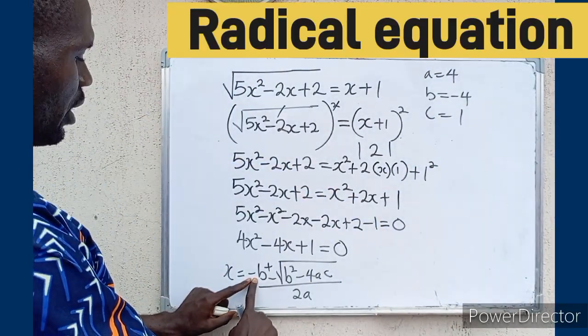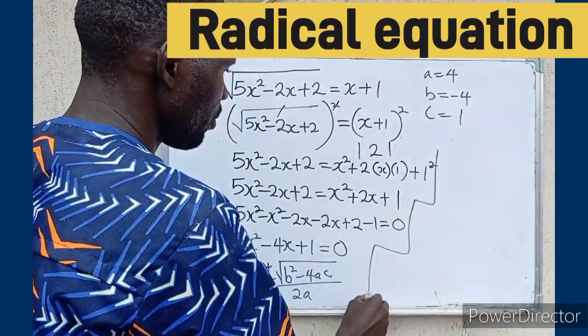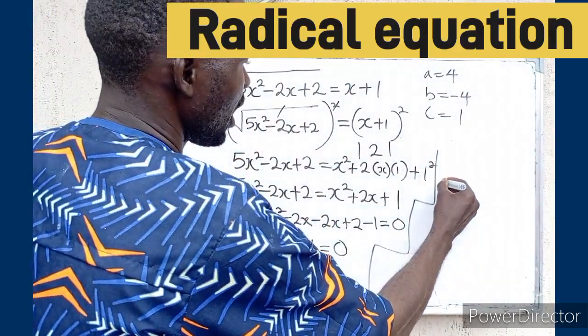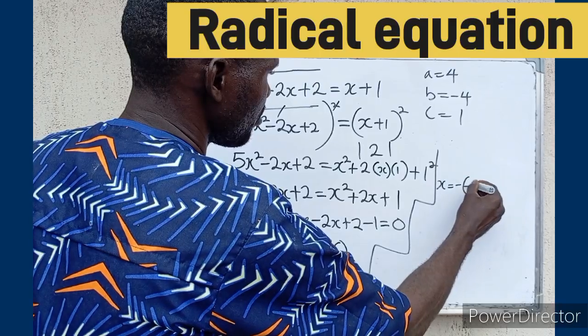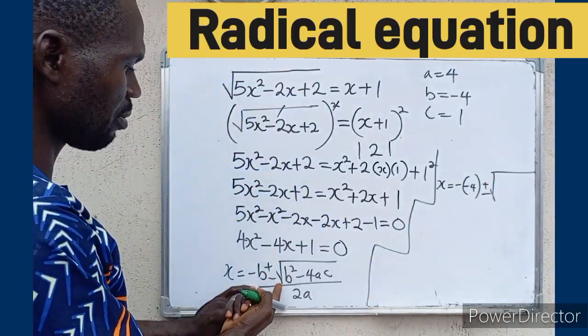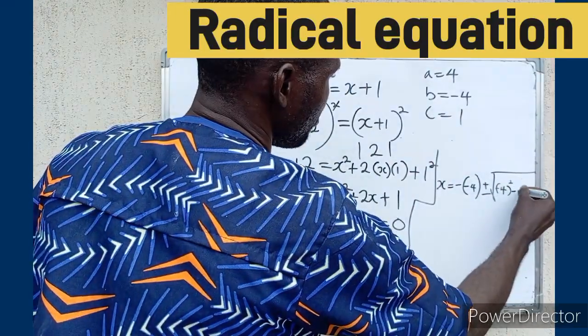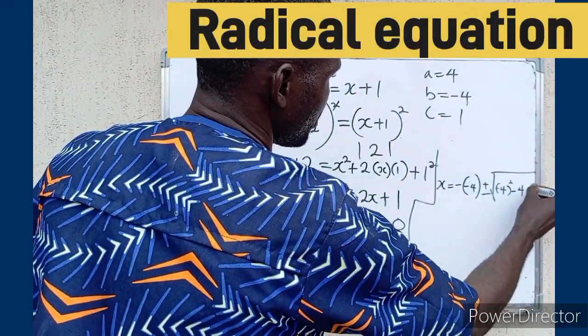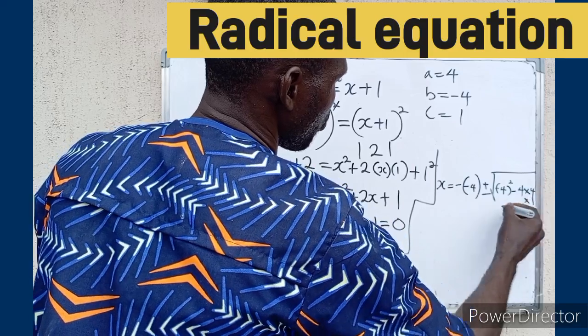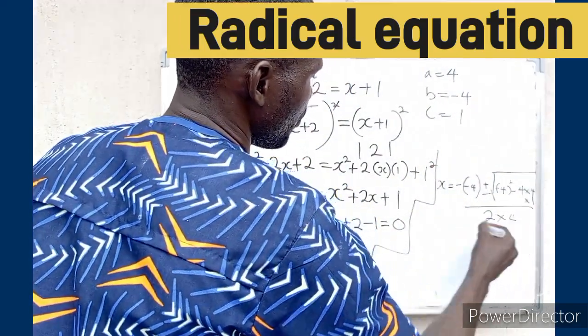So when we substitute into this, we're going to have x equals minus b, which is minus 4, plus or minus the square root of b squared, which is minus 4 all squared, minus 4 times a, which is 4, times 1, all over 2 times a, which is 4.